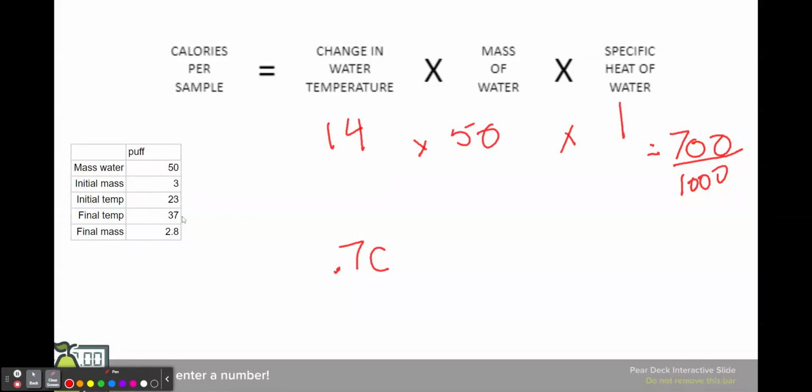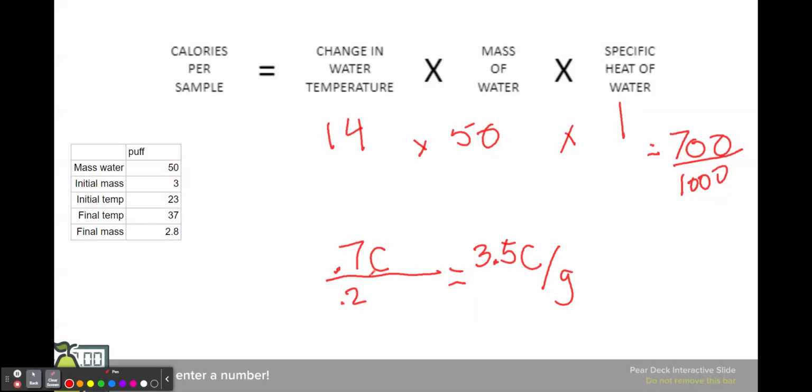So I look at my initial mass and my final mass, and I'm going to divide my calories by the change in mass, which is equal to 0.2. So when I divide 0.7 divided by 0.2, I get 3.5. And that is calories, capital C, which is kilocalories per gram.